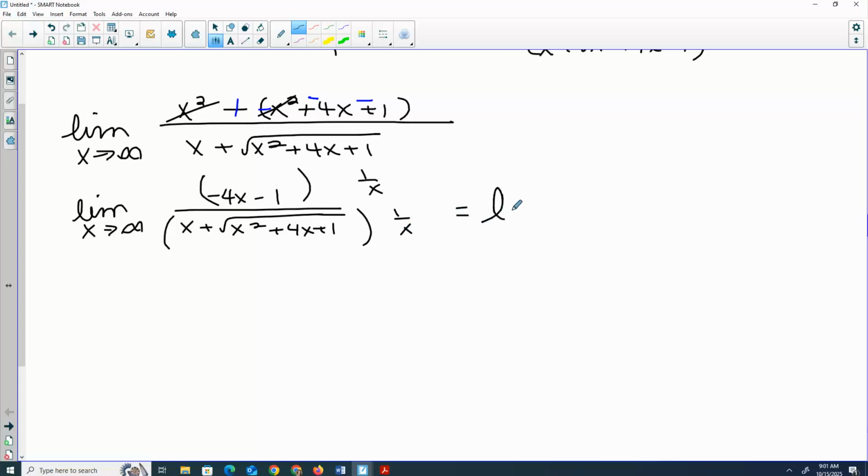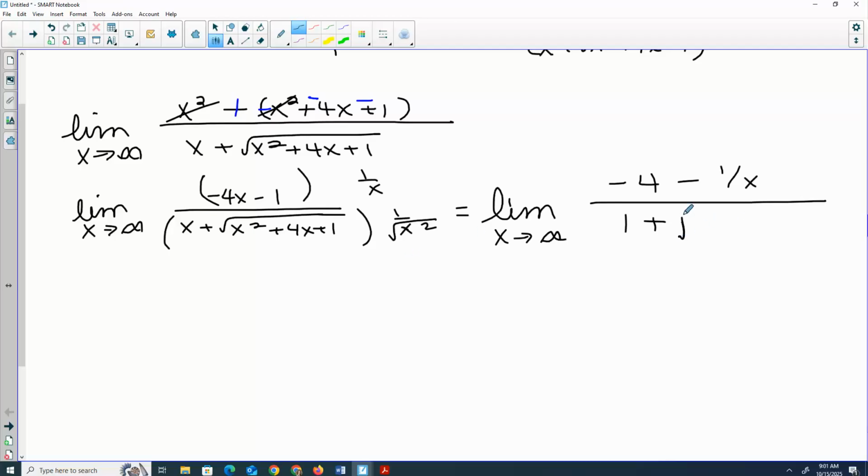Now, if I do that, we get negative 4 minus 1 over x, over 1 plus, if I want to take this x under a square root, x is the same thing as the square root of x squared. So under the radical, I'm dividing by x squared.